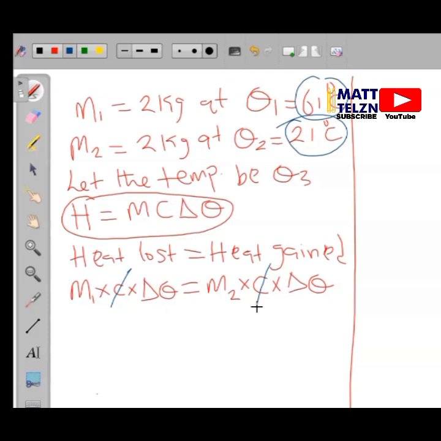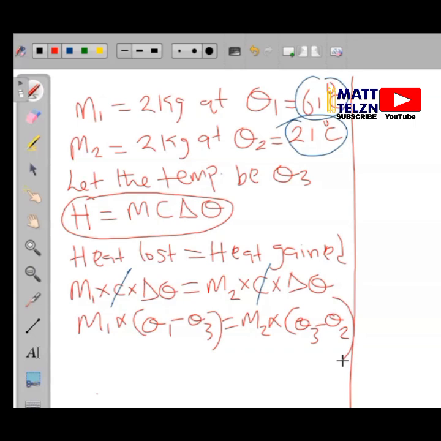Now, I will express my temperature change as M1 times open bracket, for my heat loss, the initial temperature minus the final temperature of the mixture, which is theta 3, equal to my heat gain, which is M2 times open bracket, the change in temperature, which is the final temperature of the mixture, theta 3 minus theta 2, close bracket, in that order.